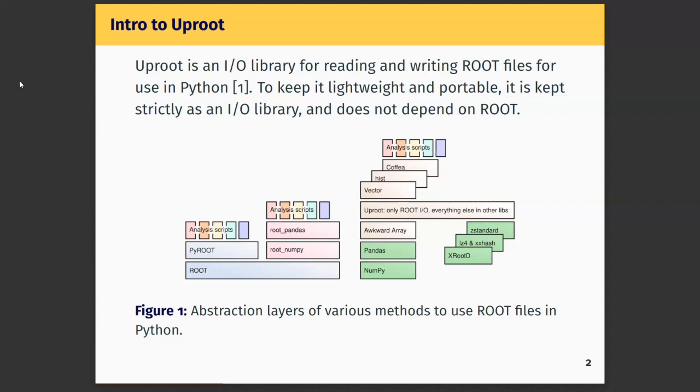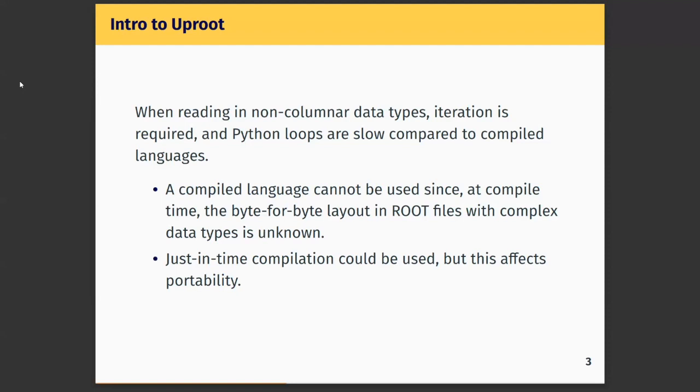When using Uproot and reading in data types that are non-columnar, iteration is required just by the nature of it. Once we get to iteration, that means we have to use loops, and unfortunately, Python for loops are slow. Slow compared to compiled languages, I should say.